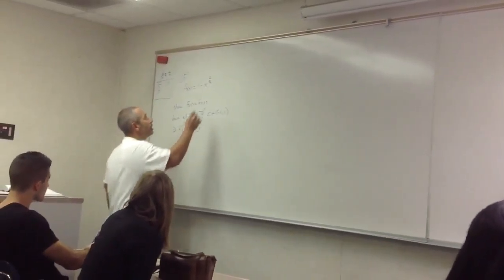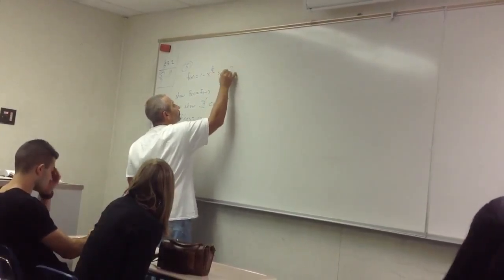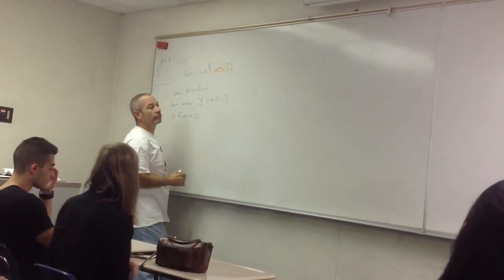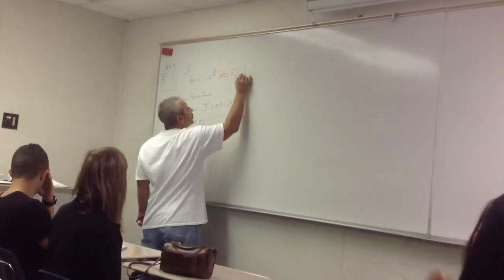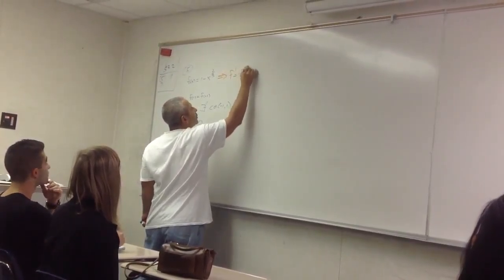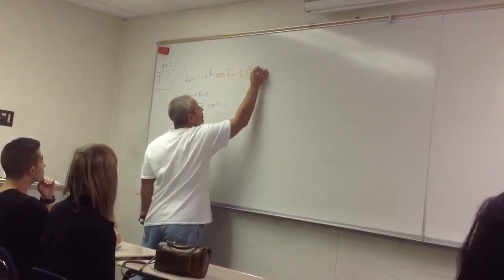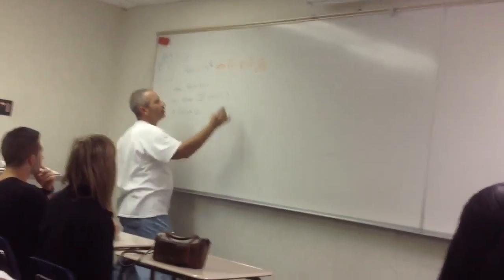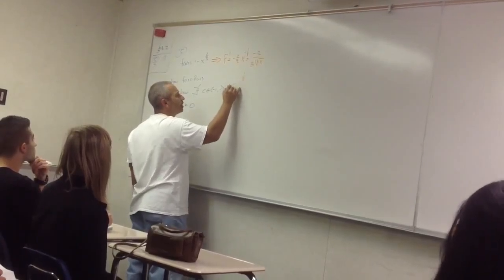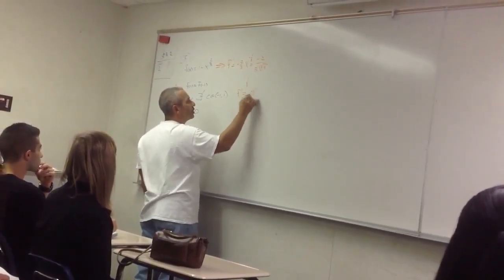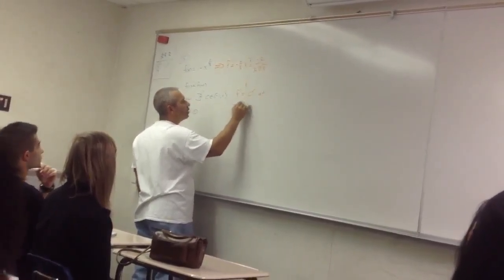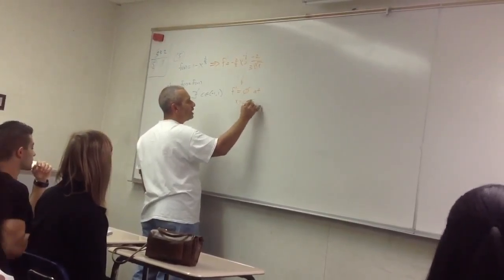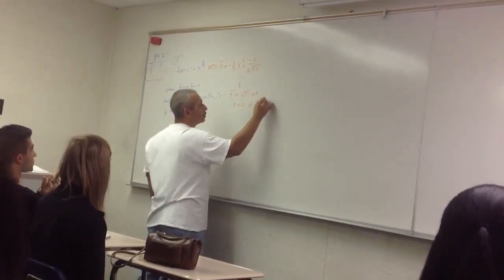Let's see why. What is f prime? Minus 2/3 x to the minus 1/3, so minus 2 over 3 cube roots x. Well, notice f prime does not exist at x equals 0, which is inside the interval -1 to 1.